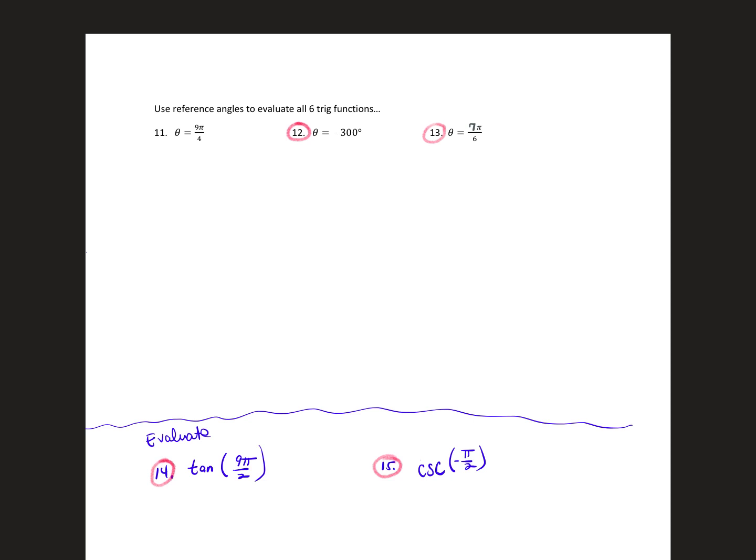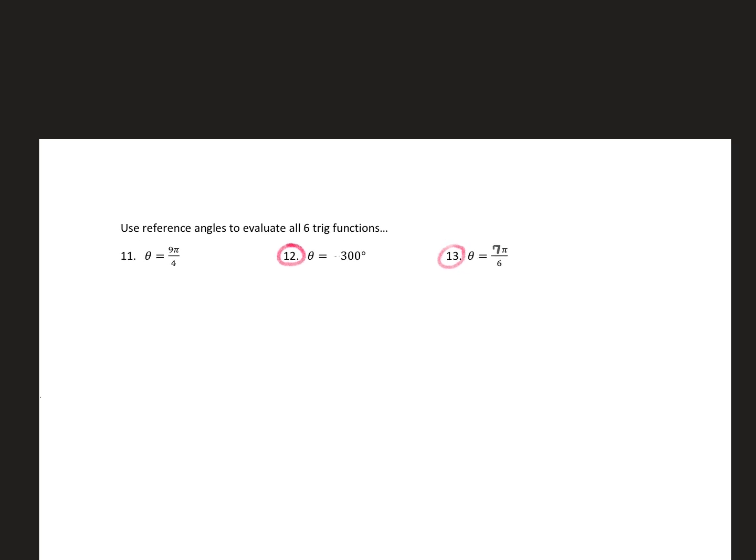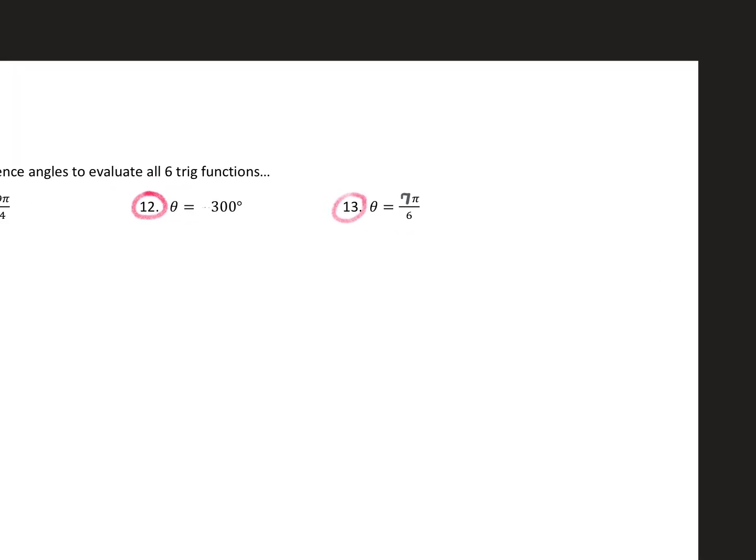Here's how you do the last 2. Notice I changed these numbers. Look at 12 and 13. I changed them. It says use reference angles to evaluate. You're going to get the first quadrant of the unit circle.